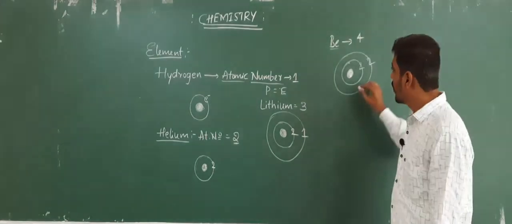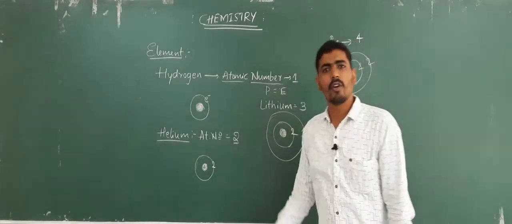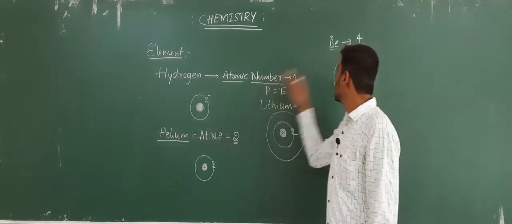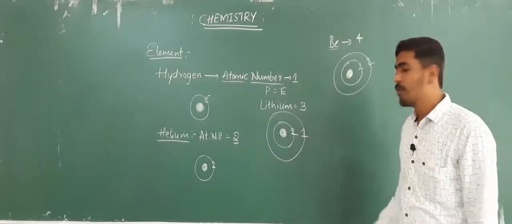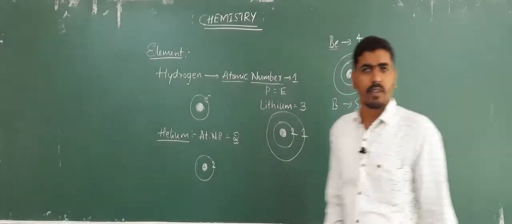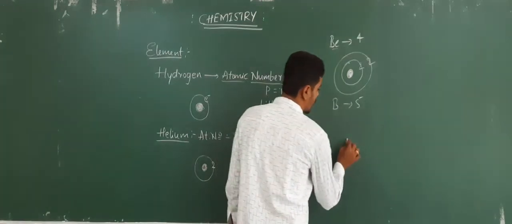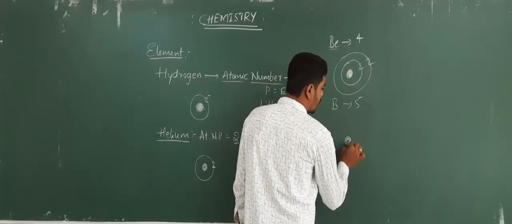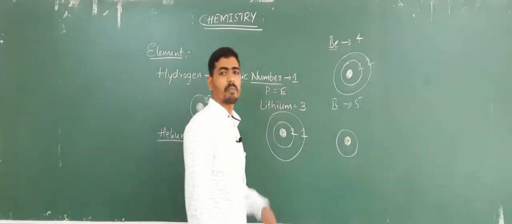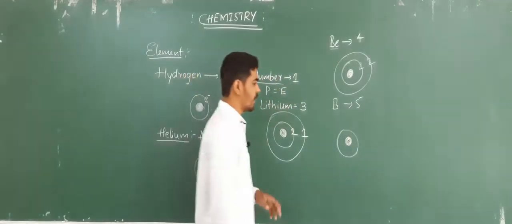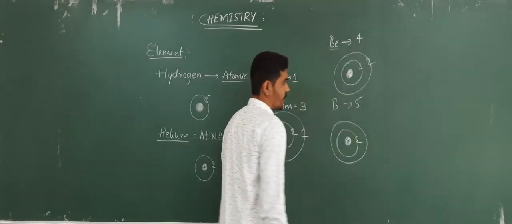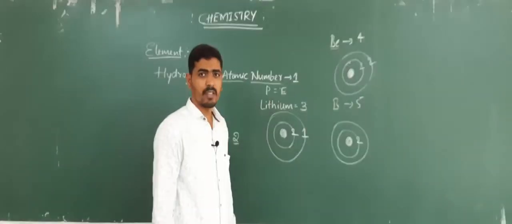So this is how we can write the structures of atoms for all these elements: hydrogen, helium, lithium, beryllium, boron. Okay, what is the atomic number of boron? It is 5. So how can we represent this structure? At the center the nucleus is there with 5 protons, which means the number of electrons is also 5, and hence 2 in the first shell. In the second shell, how many electrons are present?